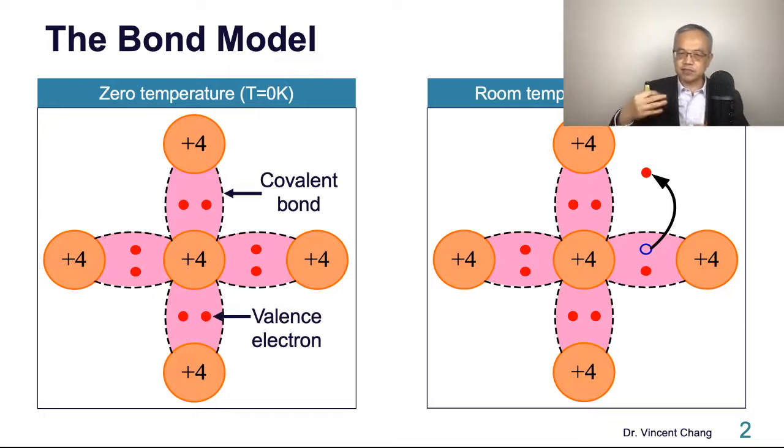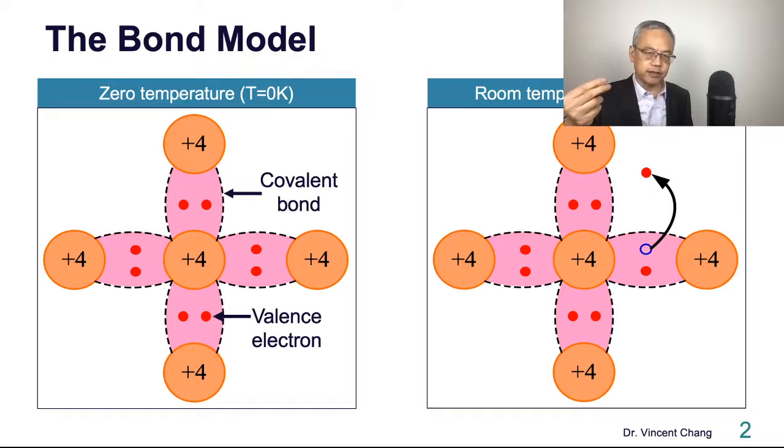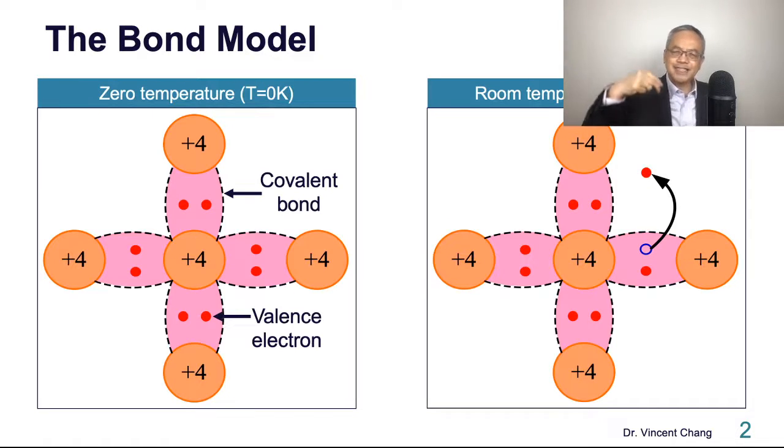Because of lattice vibration, the bond will be broken, and the electron escapes out of the covalent bond. It becomes a free electron, a conduction electron.